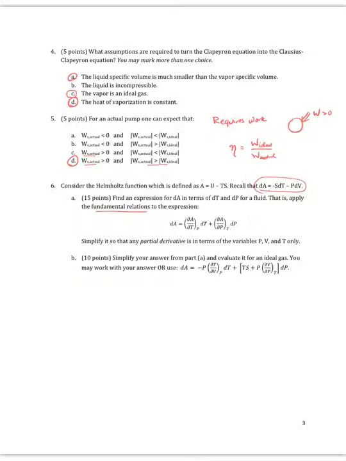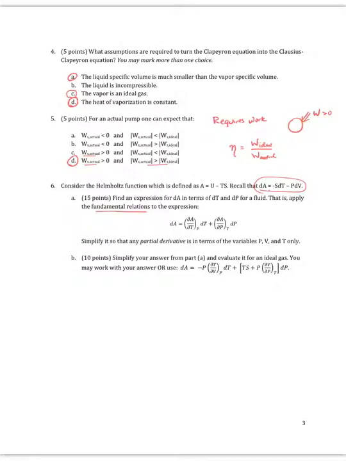Some people looked at this and said, well, maybe I should set these equal to each other. But then I'm going to get something that maybe has a relationship to T, but not anything with V and P. And I only get two variables on any of these. The others are all interrelated.